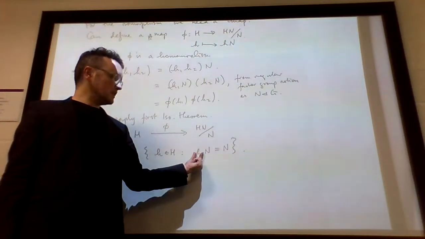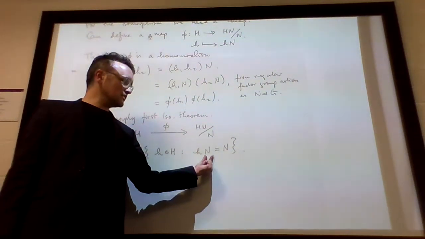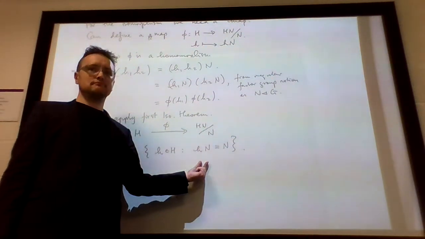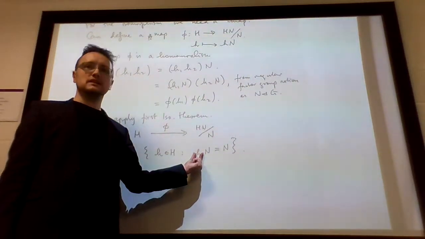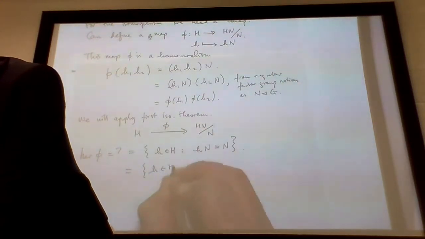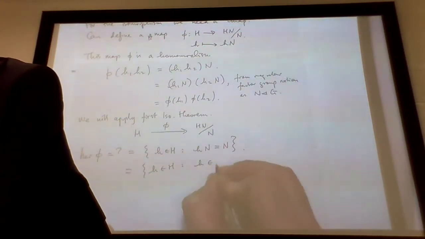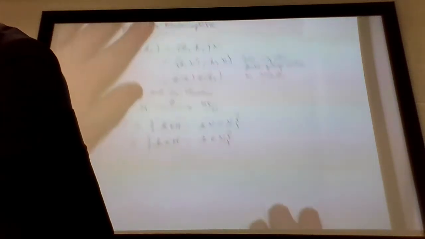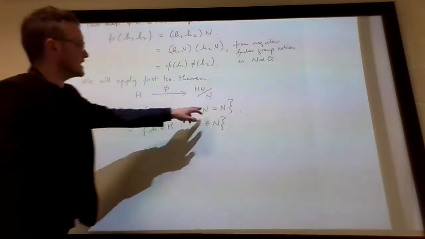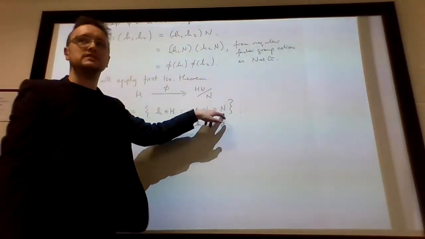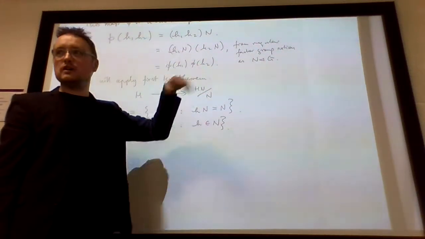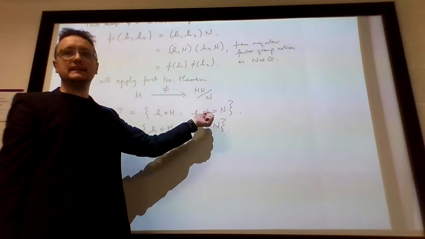That only happens when the representative you're choosing is already in N. So that is equal to the set of h's in H such that little h is in N. Because a coset of an element by another element is equal to the same subgroup itself only when the element is already in there. It doesn't shift the subgroup anywhere.